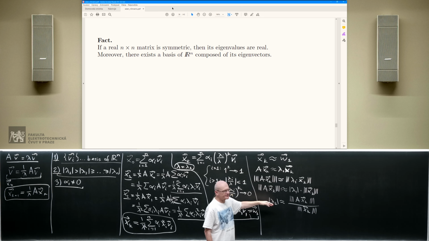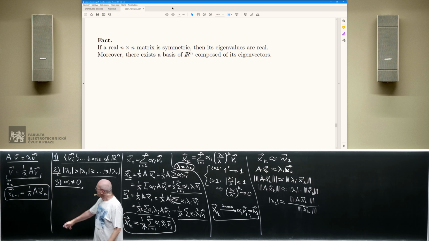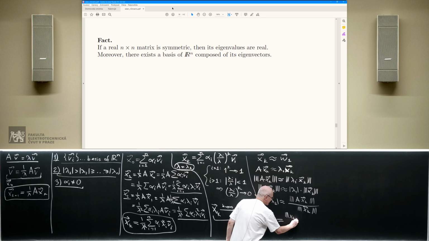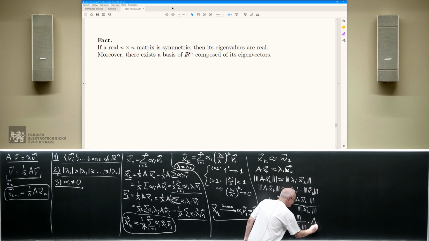I have my approximation, and I can use this approximation in my iterative formula. So let's have a look at how this iterative formula looks now. To obtain xk plus 1, we would want to use 1 over this estimate. So it's the norm of xk divided by the norm of Axk, times Axk.